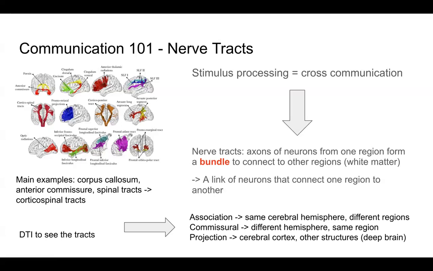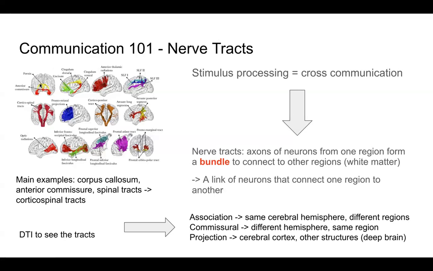Projection fibers are basically in the cerebral cortex and connect it to different deep brain structures. The best way to explain that would be the basal ganglia system. The basal ganglia is the part of the brain that controls voluntary movements. As a brief overall explanation, in the brain there is your motor cortex, which starts movements. The basal ganglia is inside the brain, in the midbrain area; you can't see it from the top.